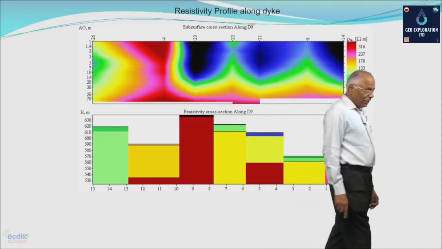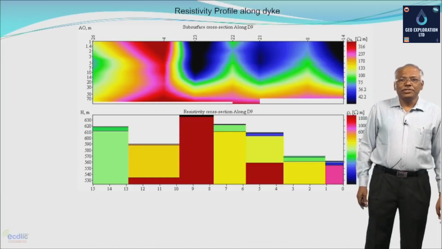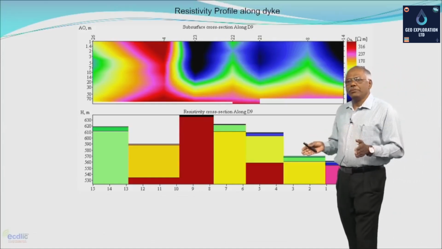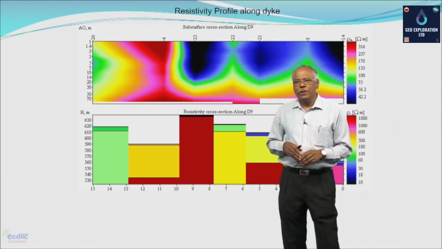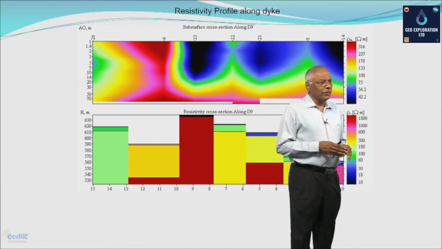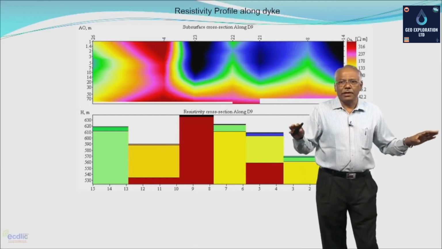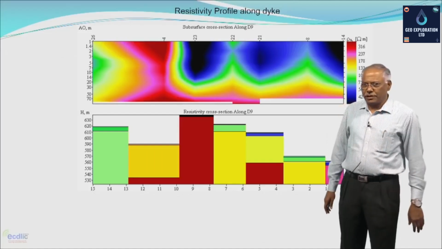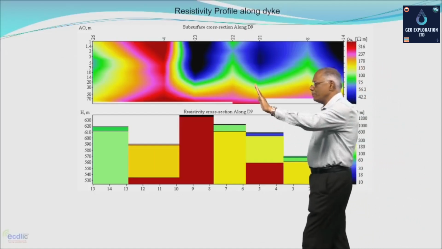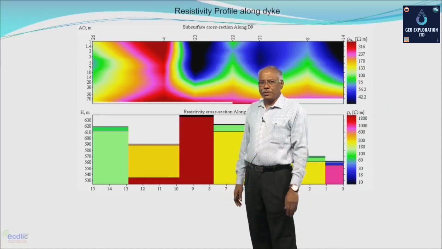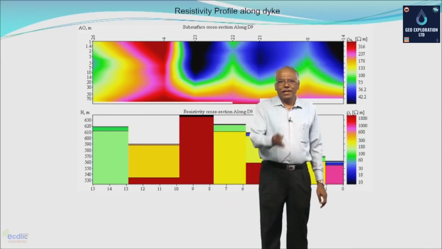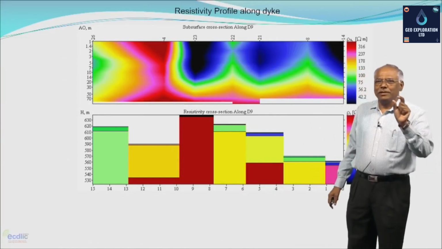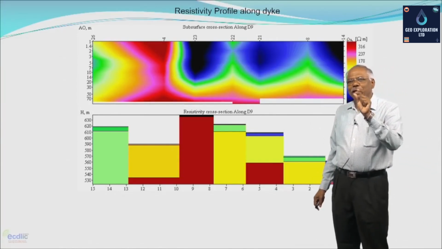In certain areas dikes are very important from the point of view of occurrence of groundwater, and one does not know at which stages along the length of a dike groundwater will occur. If you take measurements along the length of the dike in terms of horizontal profiling, then you will get a response something like this, so that different discontinuous aquifers can be mapped.